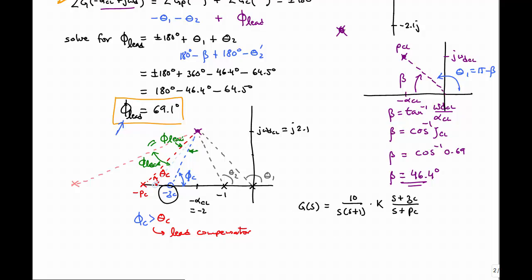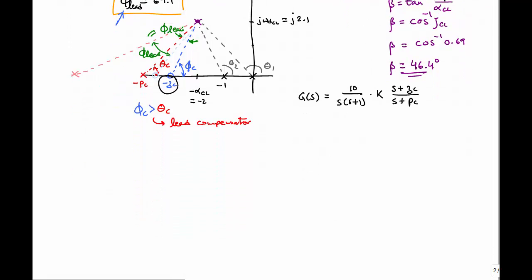So the second approach that the textbook shows is to place the compensating zero right on top of the open loop pole at -1. Okay, let me show you that. We'll redraw this.